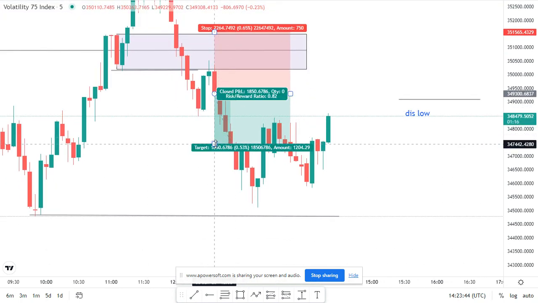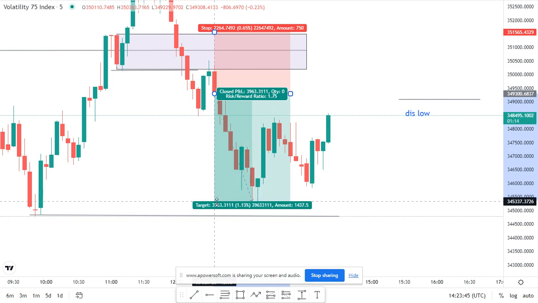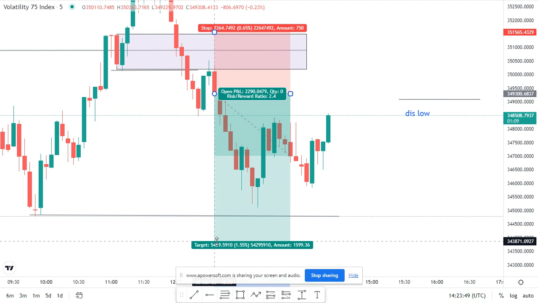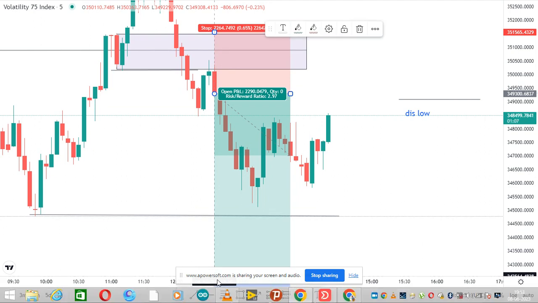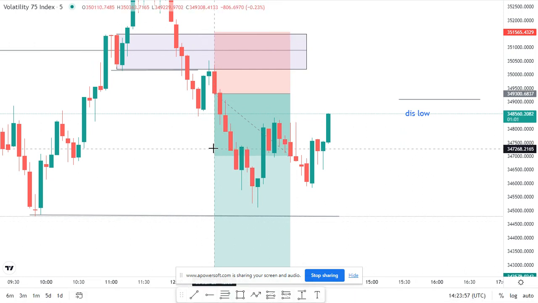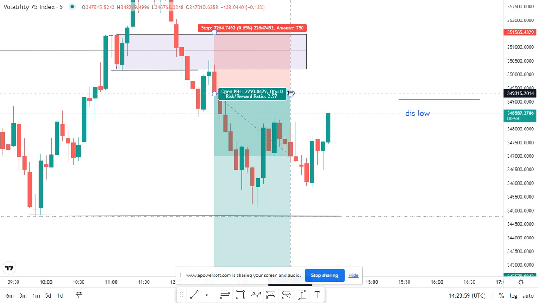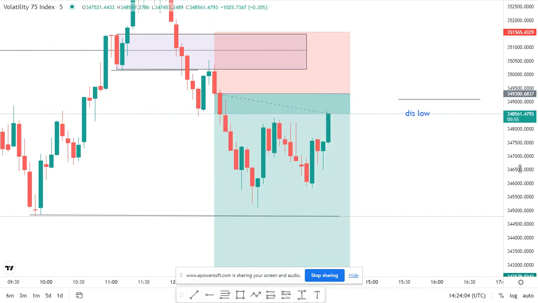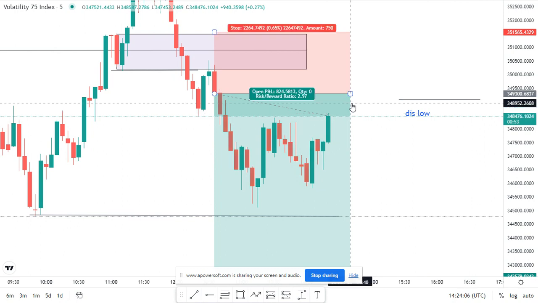The target is going to be the same: this low and another one down. So yeah, right now it's a trade that is playing out.